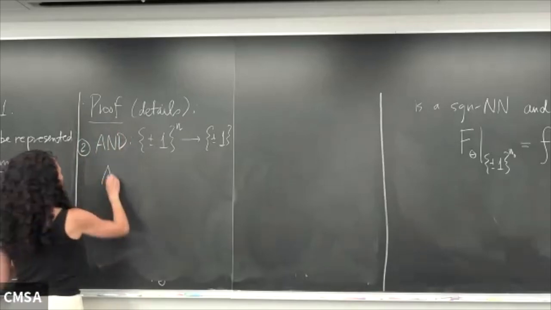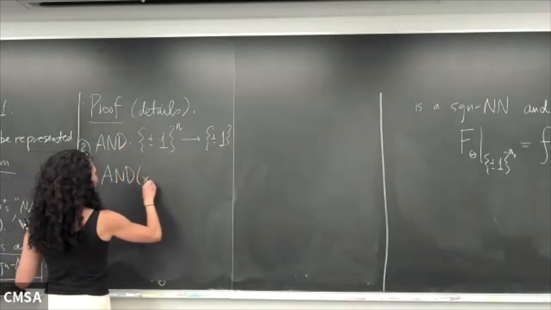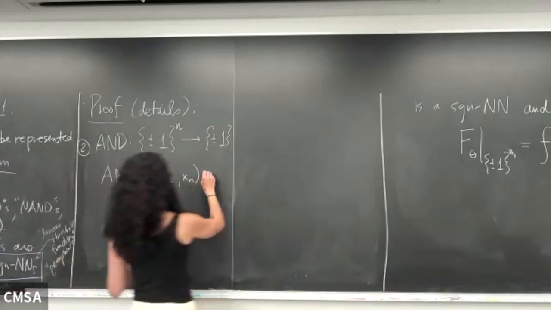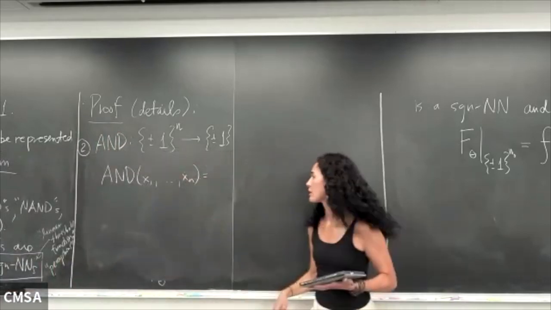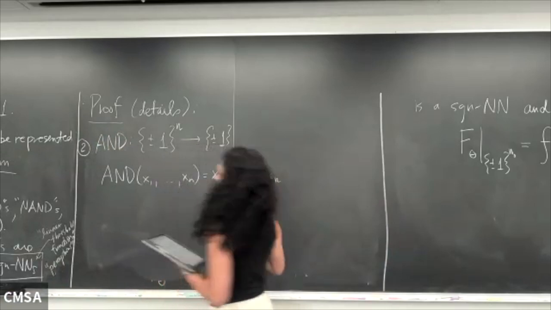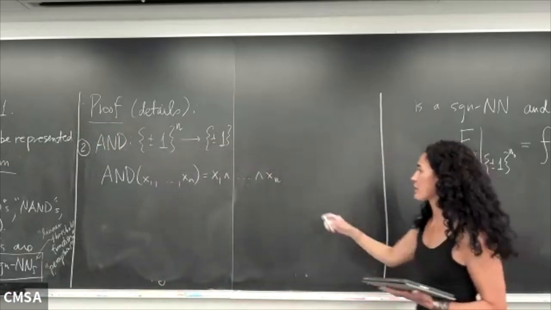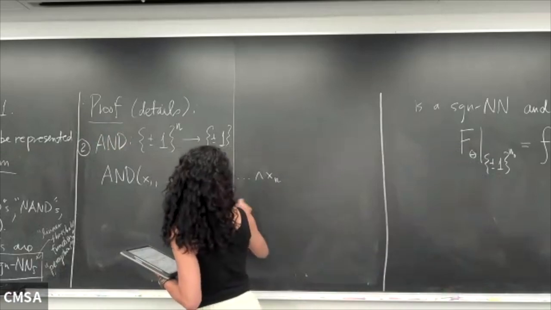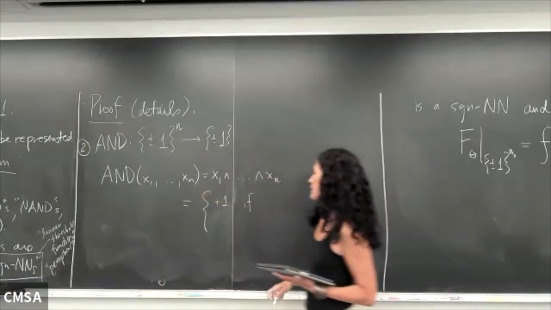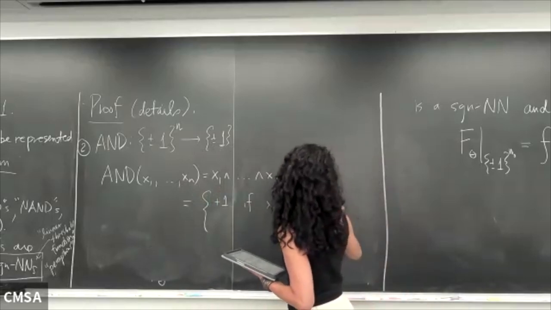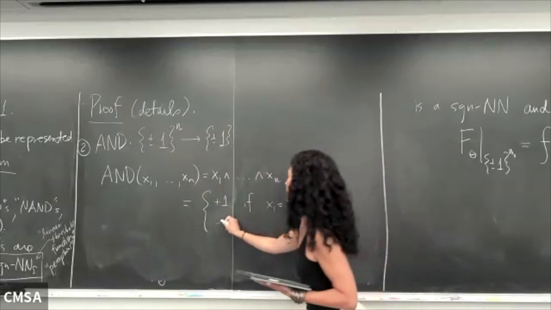So you might write this, and it has these n inputs and they're all treated symmetrically. This may also be written like that. And this is just +1. So the output of this is +1 if all of the inputs are +1 and -1 otherwise.